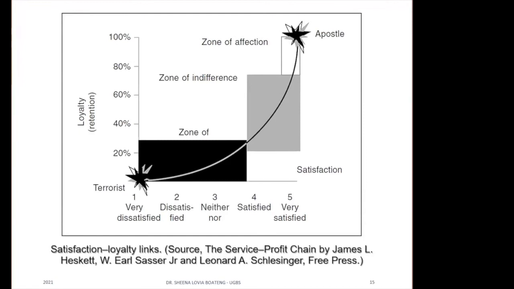However, if they are at the mid to lower levels of the curve, where they move from the zone of indifference all the way to this negative zone, which is referred to as the zone of terrorism, an unhappy customer becomes a terror to your brand. Wherever they see your brand, they will say every negative thing that they know about it. Even if someone is saying something positive, they will come in and debunk what the person is saying and share their negative experiences and make sure that they win.